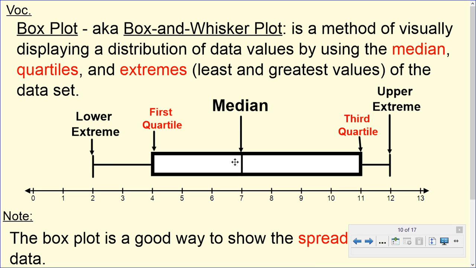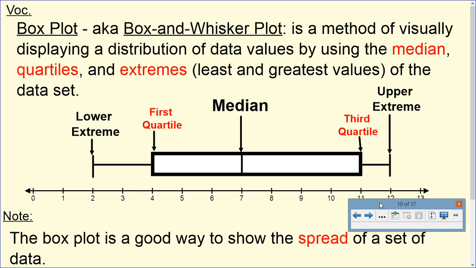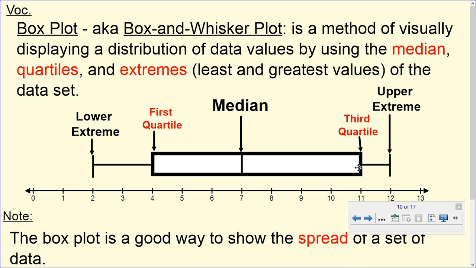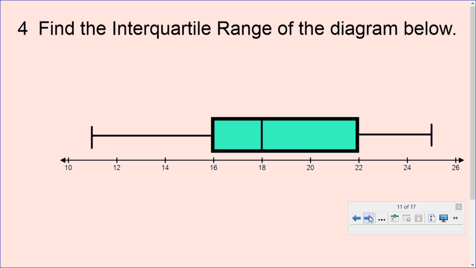Our second quartile goes from 4 to 7. Our third quartile goes from 7 to 11. And our fourth quartile, the upper quartile, to the extreme, goes from 11 to 12. So this is a way you would read the Box-and-Whisker plot. It's just a matter of knowing those numbers at those points and those segments of the box.